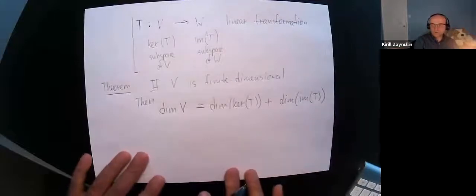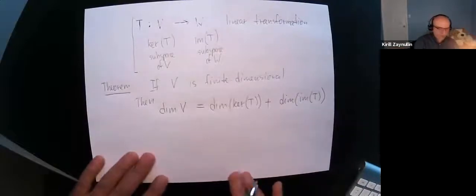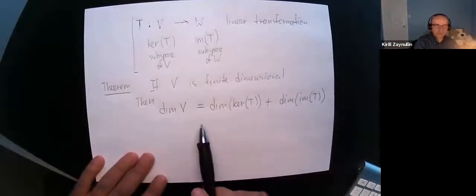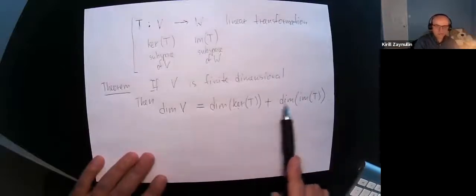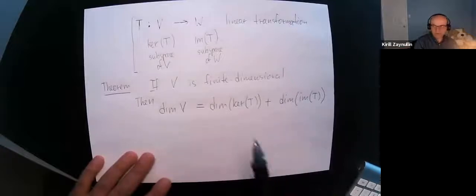This is the so-called dimension formula. You see it relates three integers, each of them the dimension of some subspace or vector space.